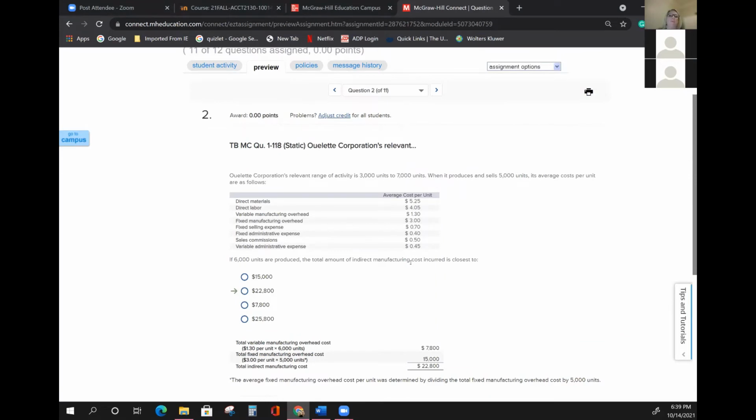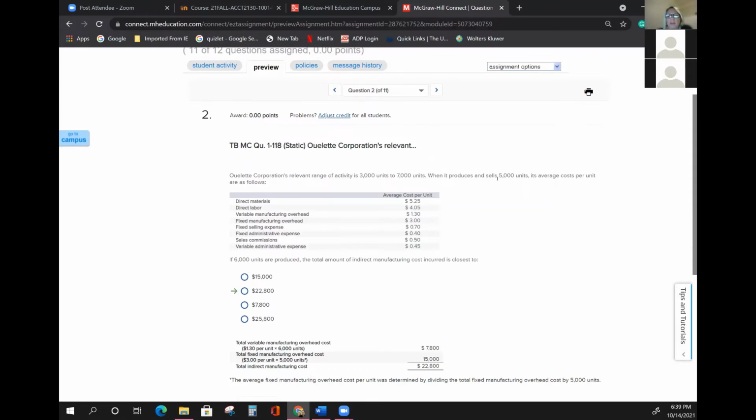Okay, here we have information that has the number of units. So there's a little bit of calculation that we're going to have to do in order to figure out what they're asking for. We have a relevant range of activity that's 3,000 units to 7,000 units. When it produces and sells 5,000 units, its average costs per unit are as follows.